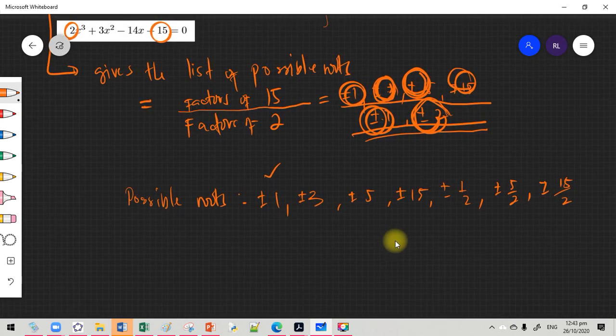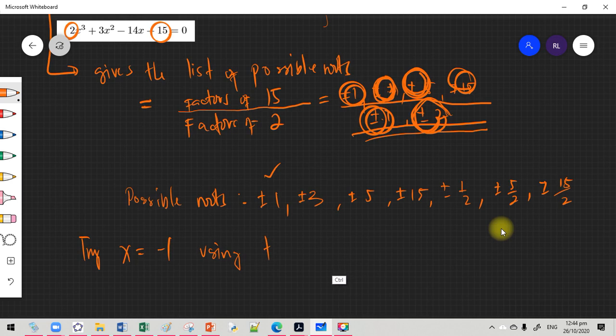So now we are going to solve this using these possible roots. Let's try positive and negative 1. Let's try x equals negative 1 using the factor theorem. Or you can use synthetic division.